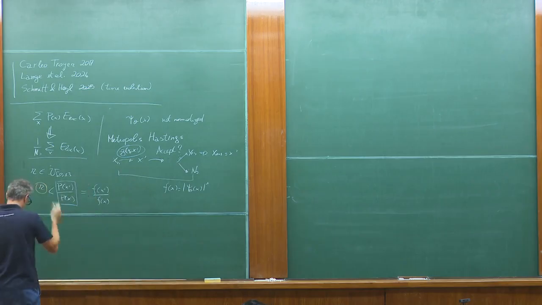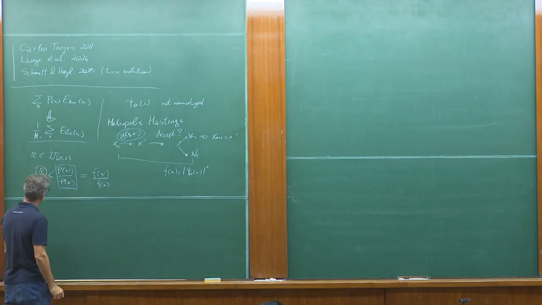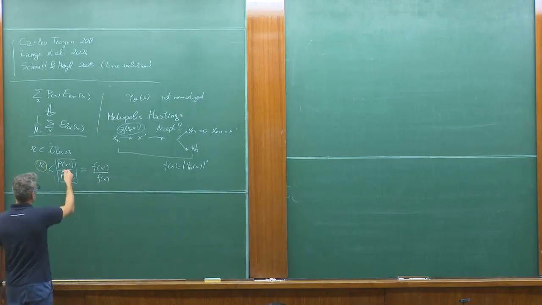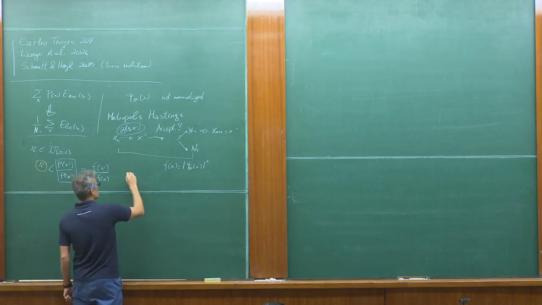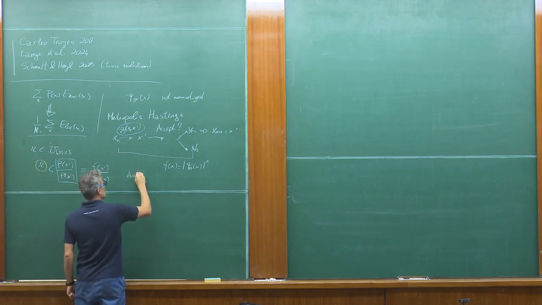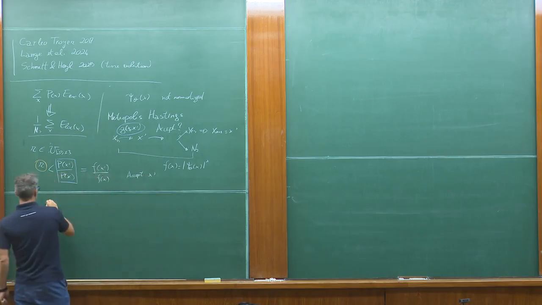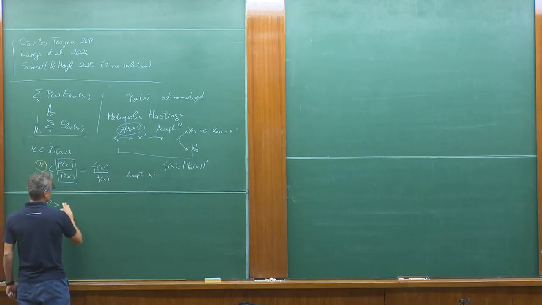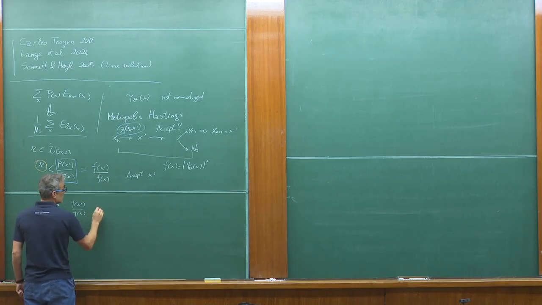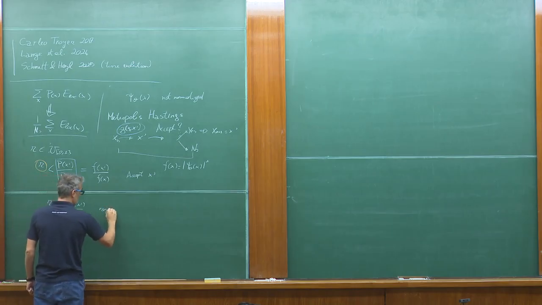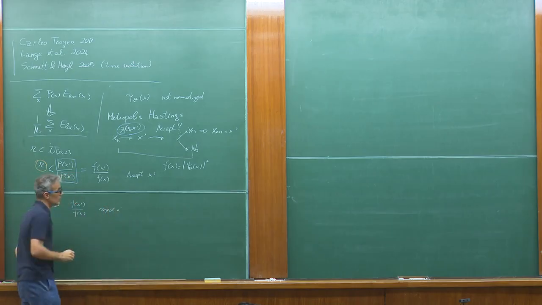So now you compare the two, and if the probability ratio is higher than R, then you accept. And if it's smaller, then you reject. Okay, and then you continue.